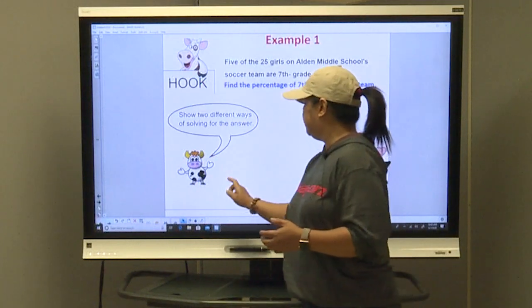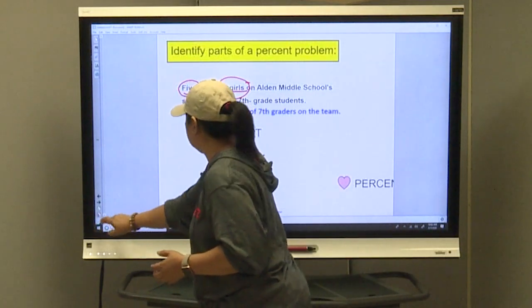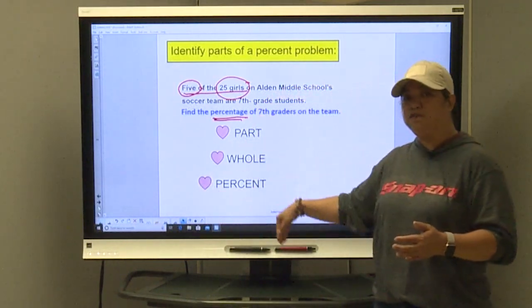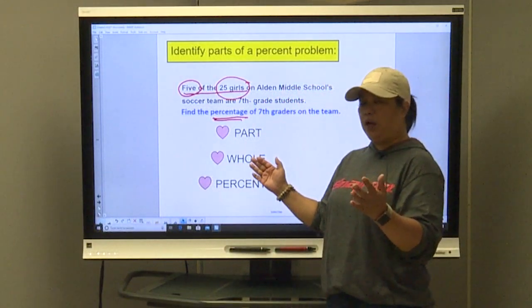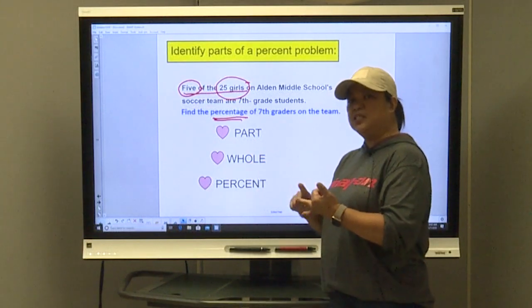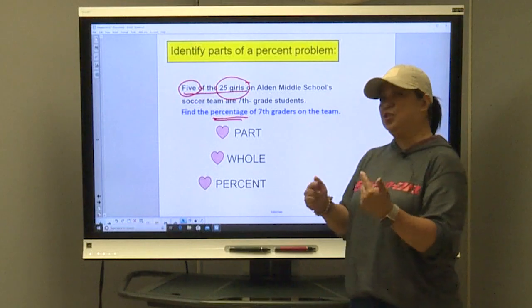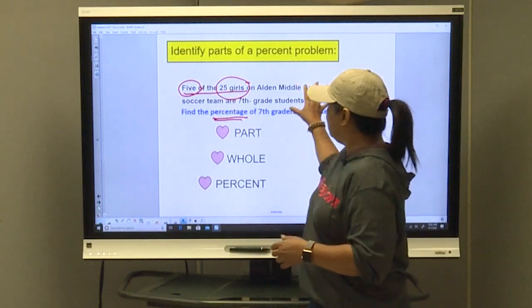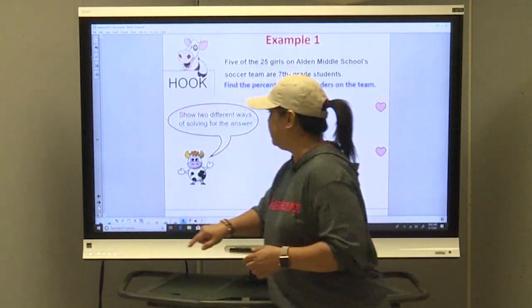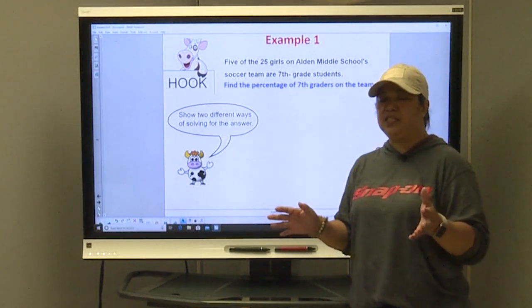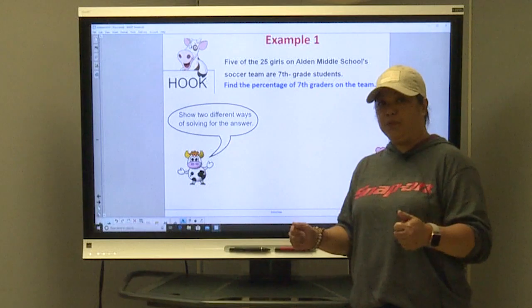So these are what we need to look for in a given word problem. It's the part there, it's the whole there, it's the percent there, because that tells you what you are looking for. So using this same problem, I am going to teach you several strategies in solving percent problems.